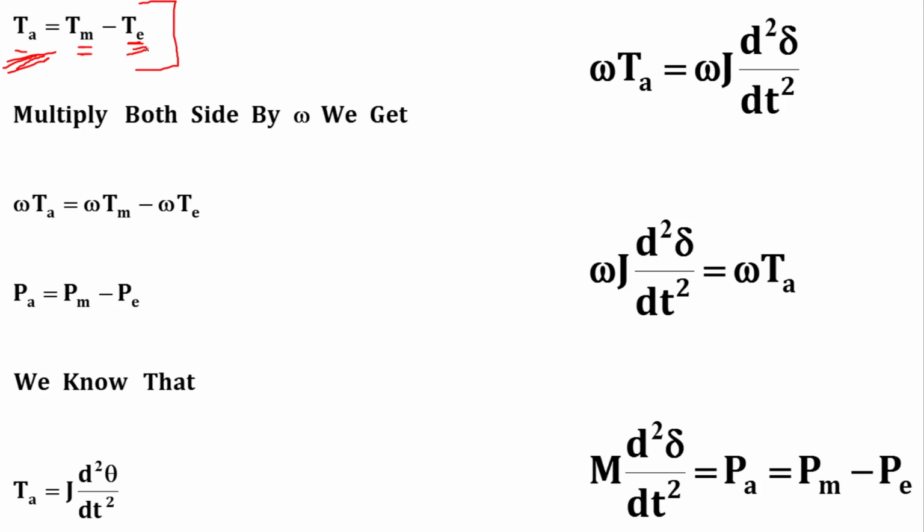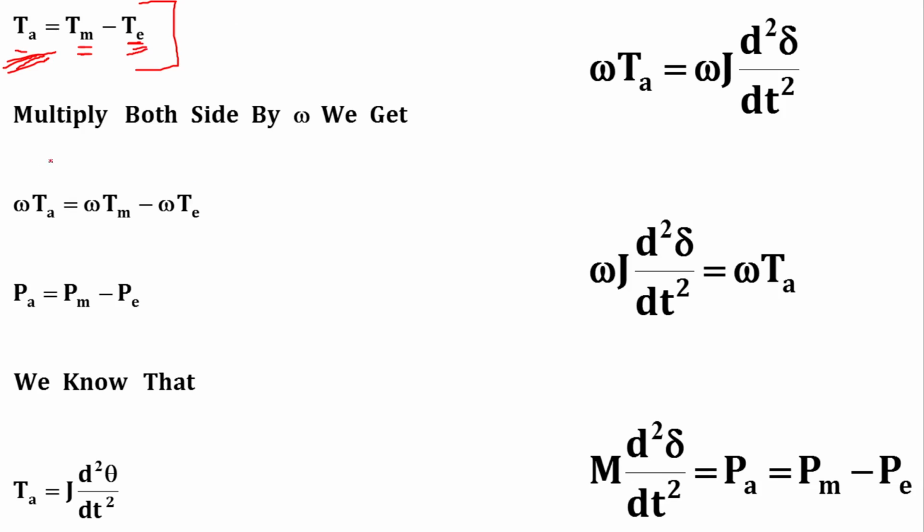First is the mechanical torque, which depends on the flow of steam. Second is the electromagnetic torque, which depends on the amount of electrical power and the amount of load. So the acceleration of the machine will depend on the difference of these 2 torques, mechanical torque and electrical torque.